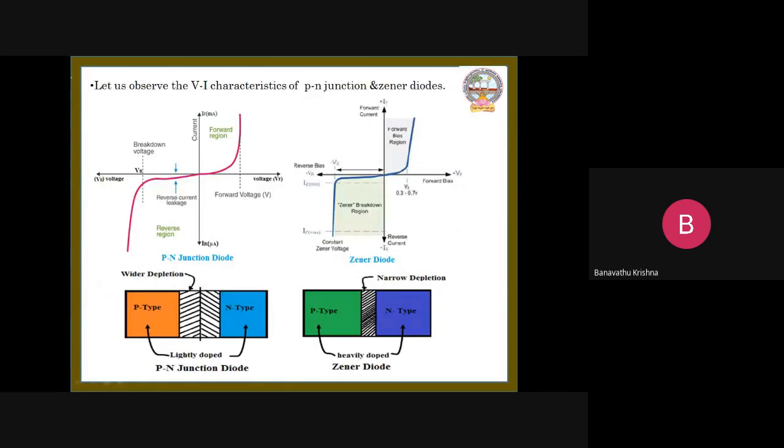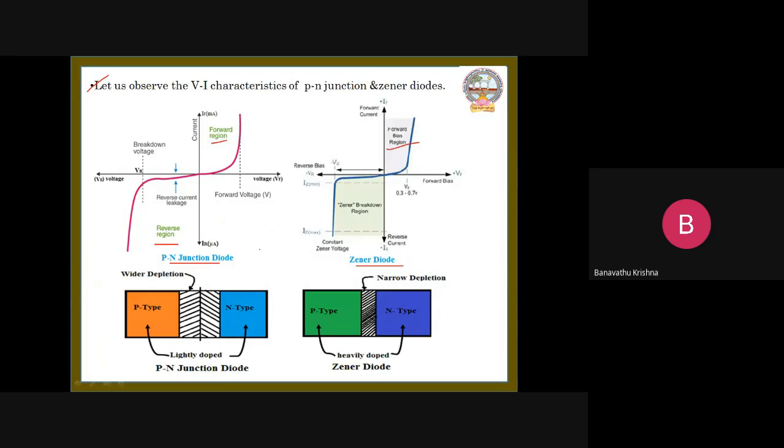Next, let us observe the V-I characteristics of the PN junction diode and the Zener diode. This is the PN junction diode and this is the Zener diode. Let us observe the forward bias condition. As I told you in previous slides, the Zener diode works the same as the normal diode in forward bias condition, whereas the difference occurs in reverse bias condition.